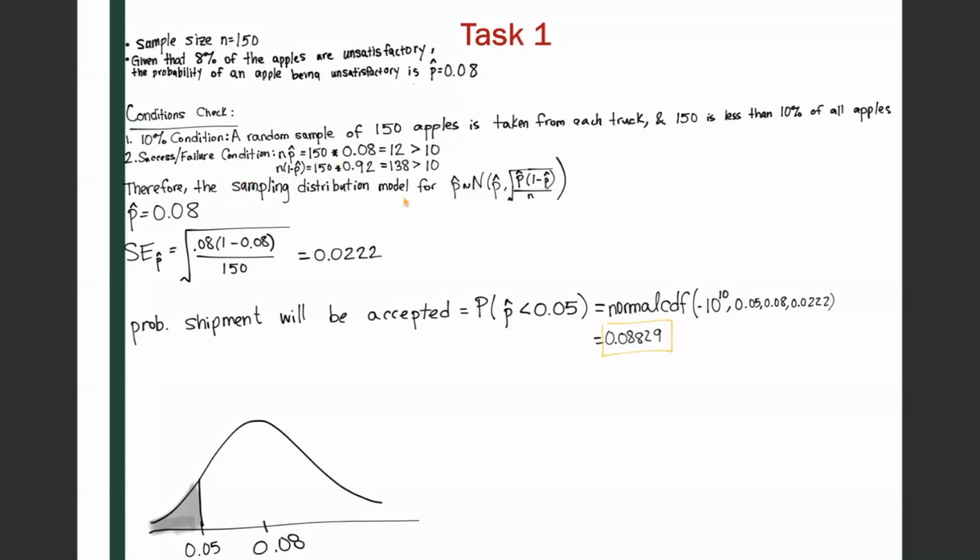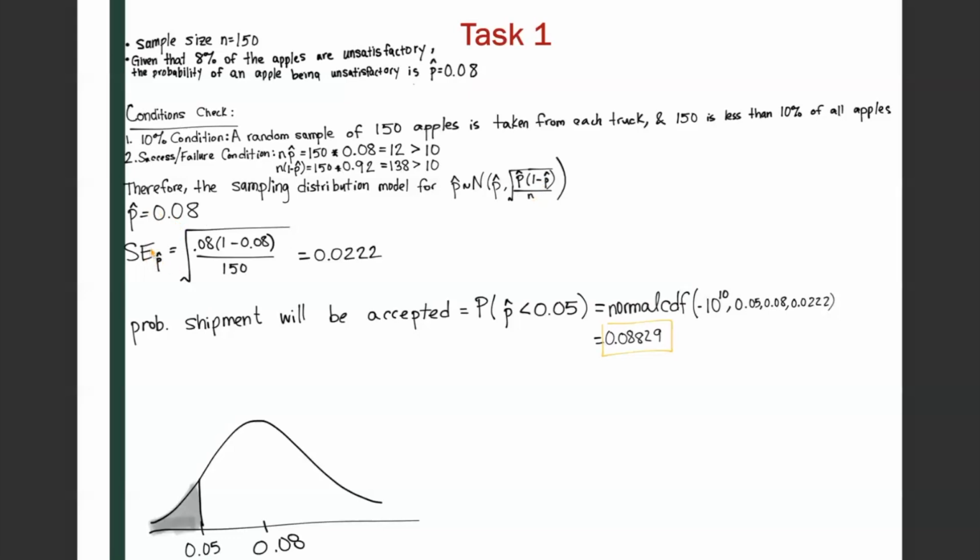Therefore, the sampling distribution model for our p hat follows a normal distribution, and we have our mean being p and our standard deviation being the square root of p times 1 minus p, which is our failure probability or proportion, divided by n. And so our p is 0.08, our success probability.